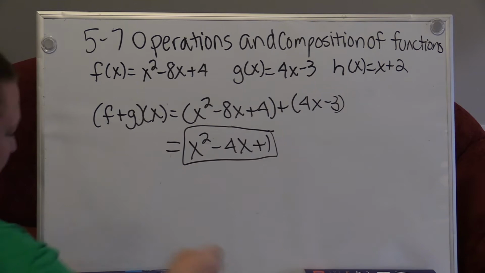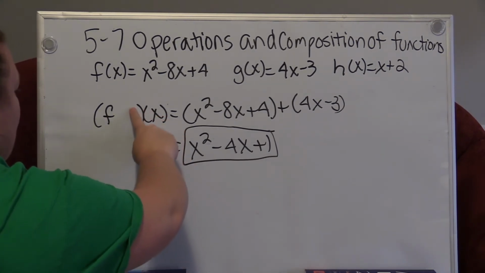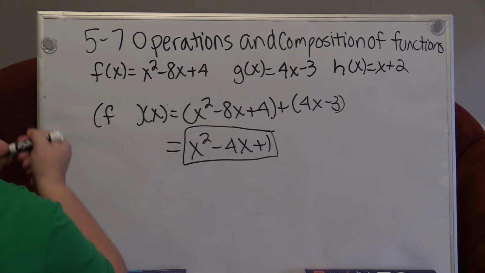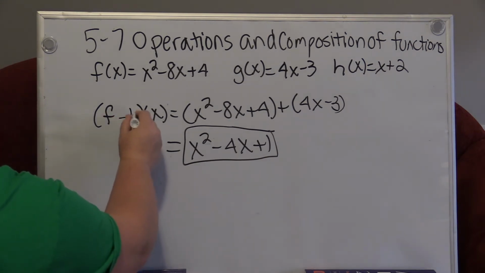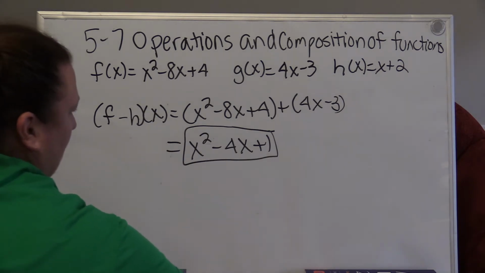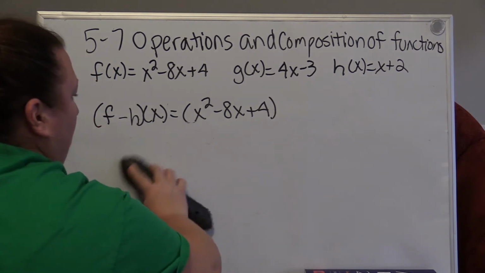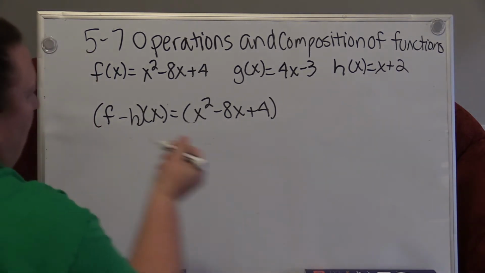The next one we're going to do, instead of plus g, I'm going to call this one minus h. And when I subtract h, this one's going to look a little different.